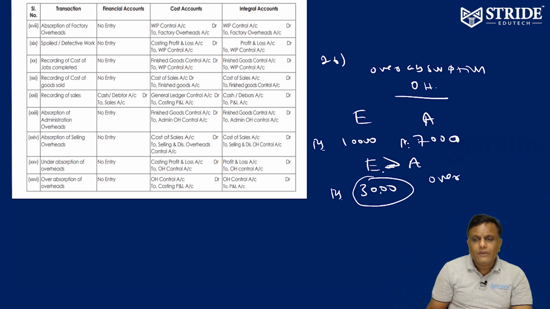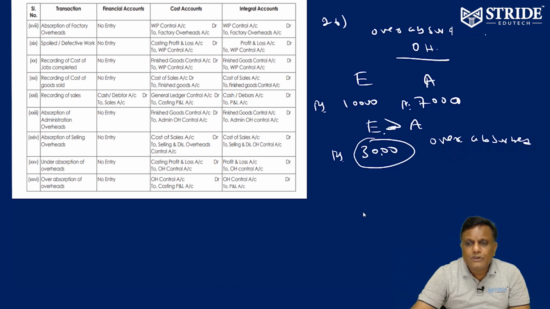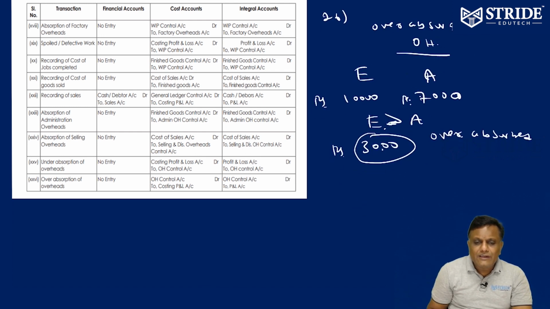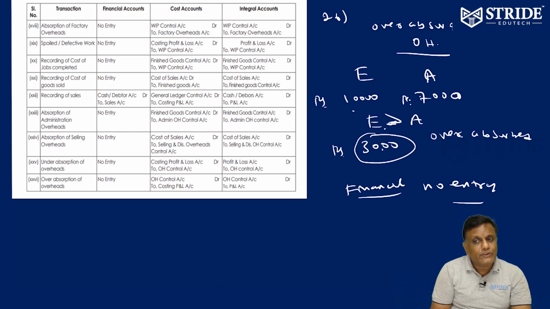How is the over absorbed amount to be transferred? There is no entry in financial. Over absorption is always a profit, because estimation is 10,000, actually 7,000. So 3,000 rupees we saved. Therefore, it's a profit. Over absorption is always a profit.